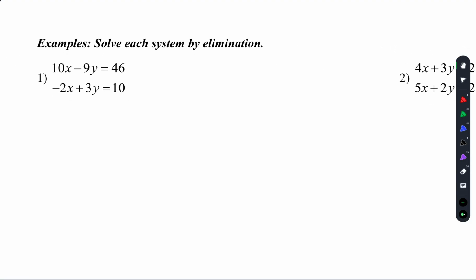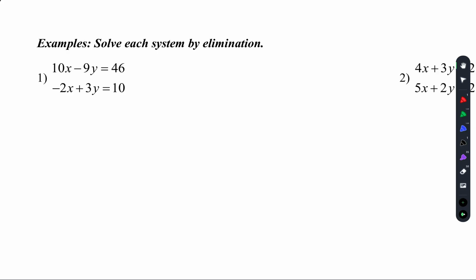Okay. So this is the plan. There's 2 ways you could go about this. You want to try to match the x's or the y's so that one's positive, one's negative. And you get to choose. I got rid of the y's because I was feeling 3 was a smaller number than 5.